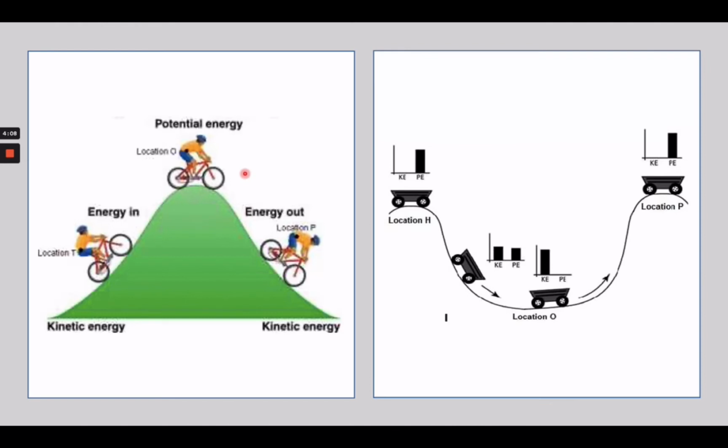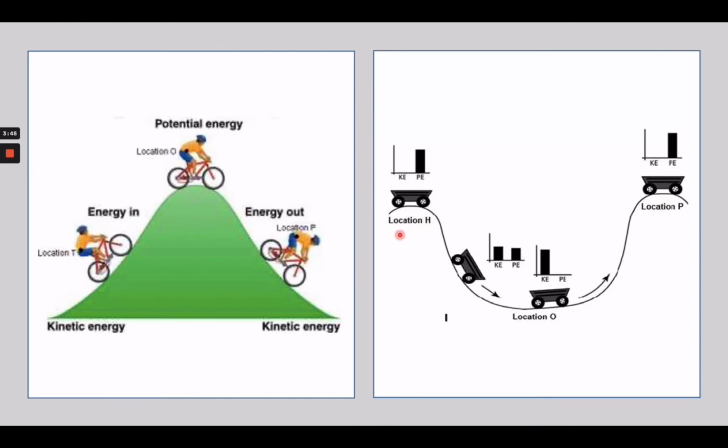Now let's examine what happens to the mechanical energy of a roller coaster. The cart is originally located at point H, wherein it is not moving, so it obtained a potential energy given its position with zero kinetic energy because it's not moving.